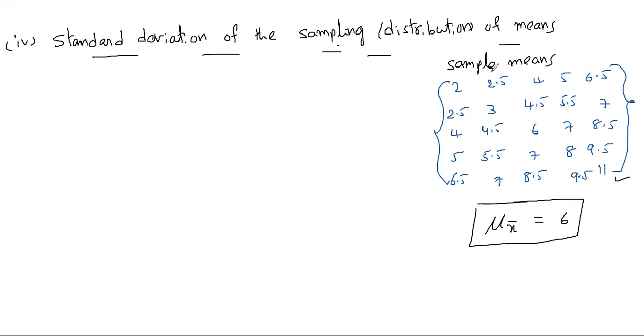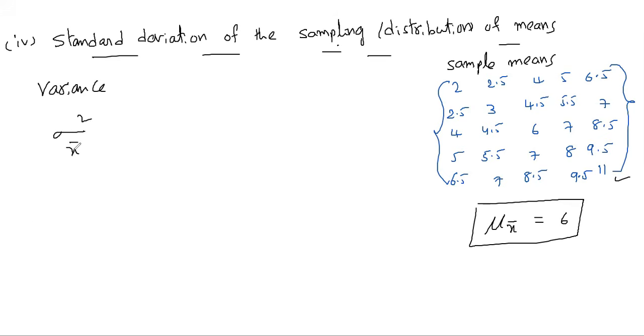For these sample means, now you have to find the standard deviation. First we will find the variance. The variance is denoted by sigma square, and with x bar it is the variance of the sample means.